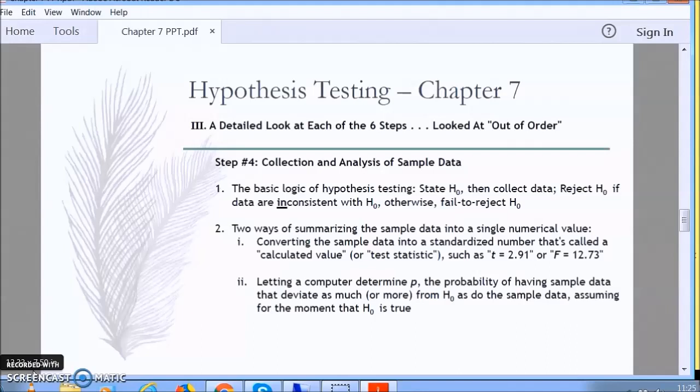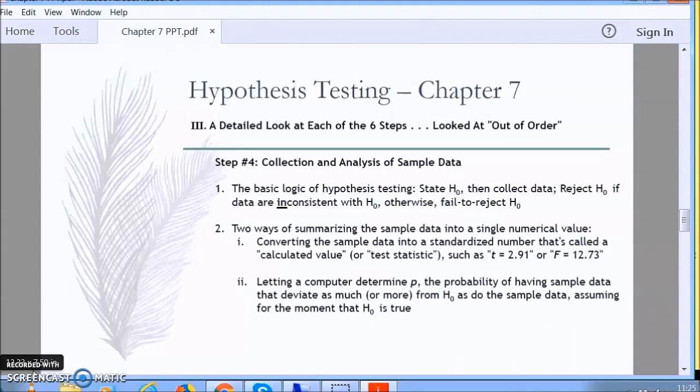The second way of collecting and analyzing sample data is that the researcher uses a computer to perform the data analysis. They either use a built-in null hypothesis or tell the computer what the null hypothesis is, and the researcher specifies what the alternate hypothesis is, directional or non-directional.